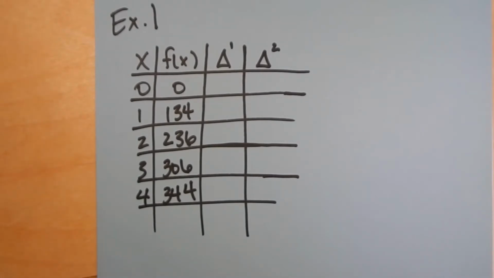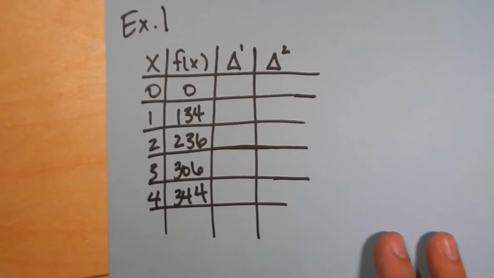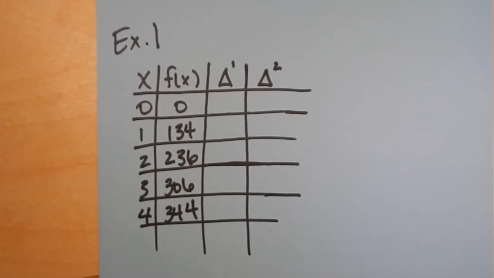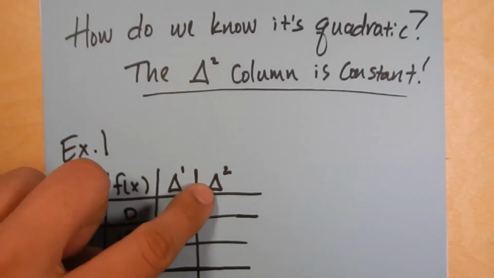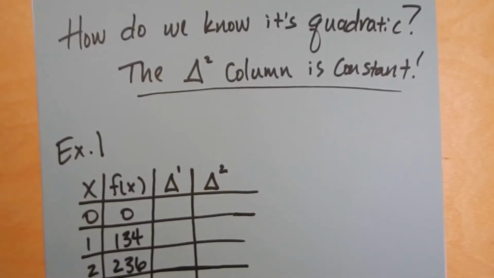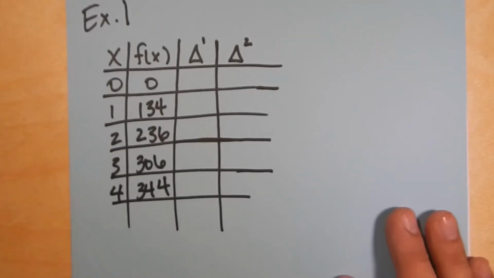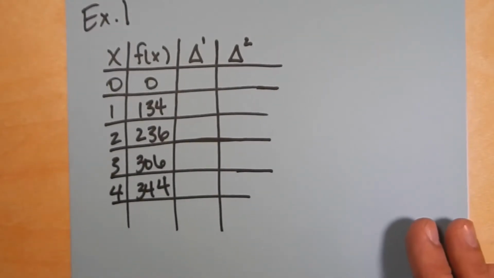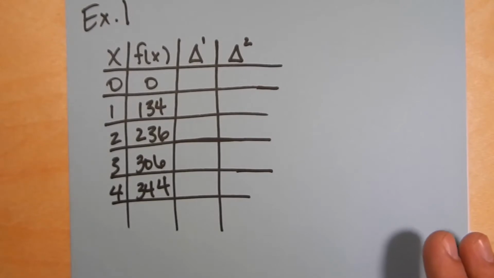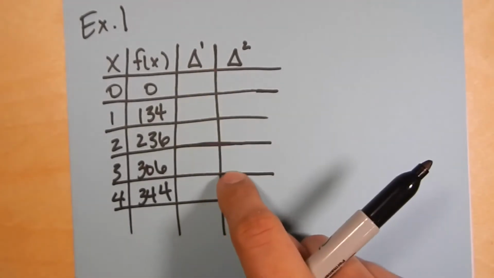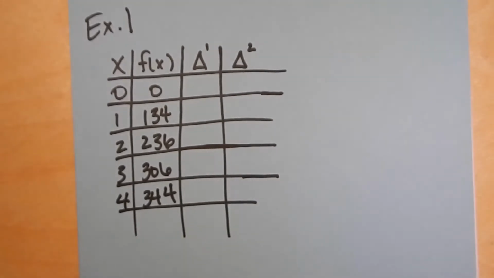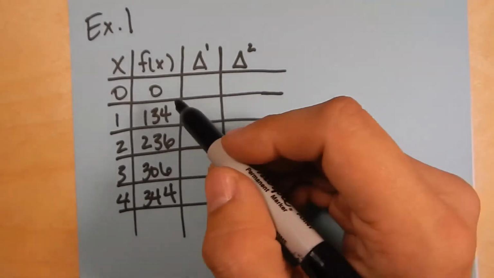For this one, we have an example of a table. Our first question to answer is, is this quadratic? If it is, then the second difference column will be constant. What I mean by constant is the same output over and over again. The way that we find these values is to just subtract. When we're talking about difference, that's a subtraction problem.